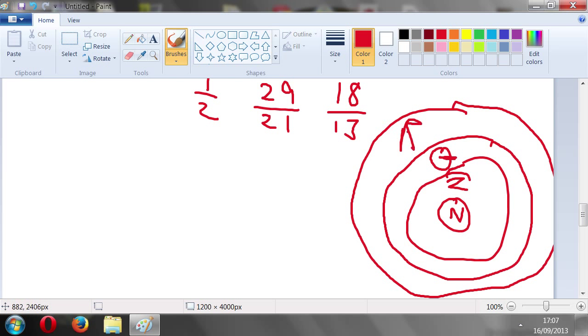And this is actually much smaller. Or you might say this is much smaller. This is just massive, this bit here.